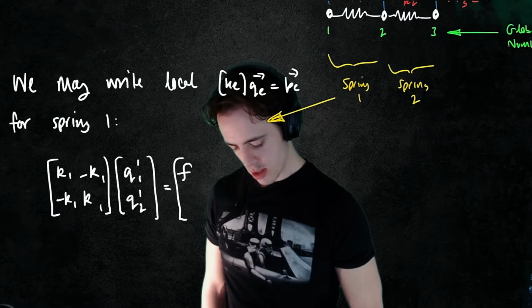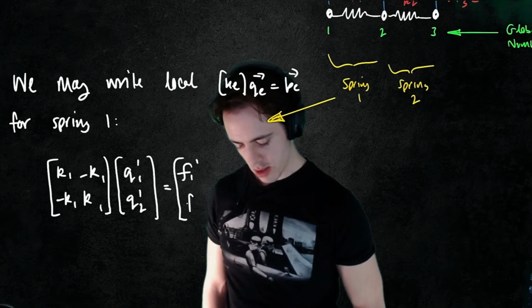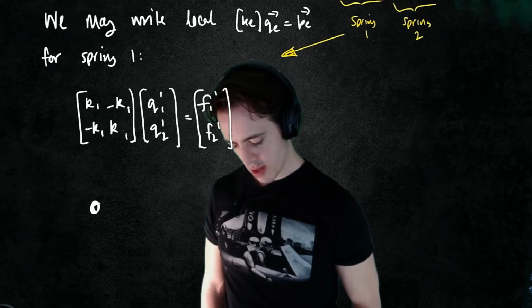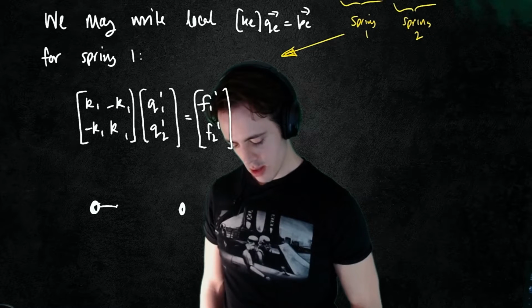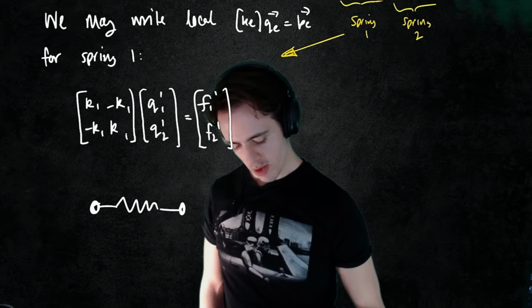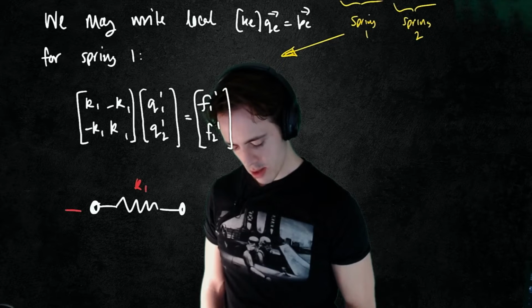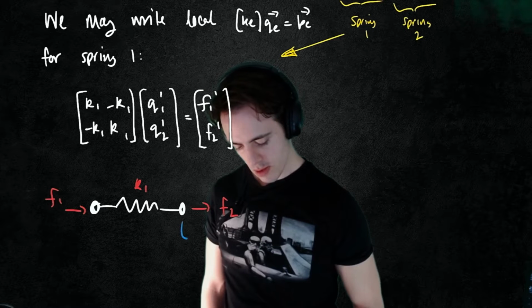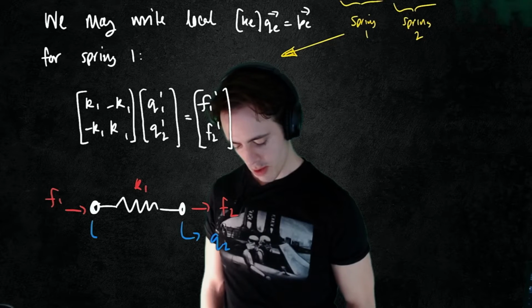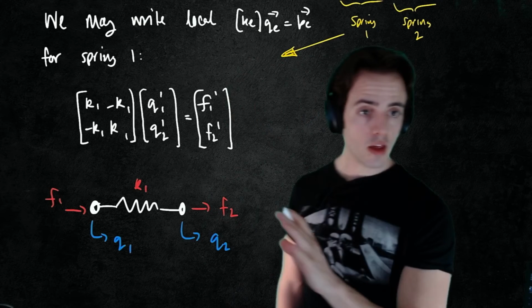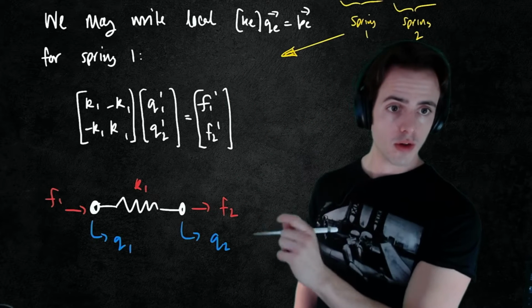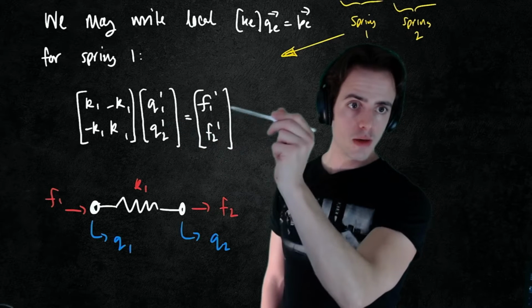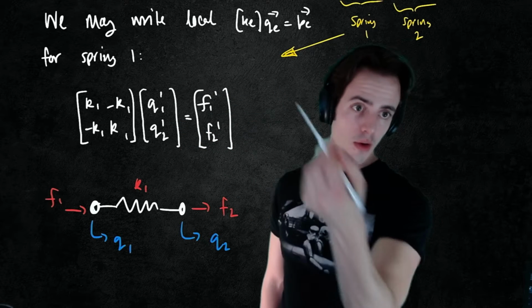And then the forces F1 superscript 1, F2 superscript 1. So if we were to just remember, that's our spring. This is K1, F1, F2, Q2, Q1. These are all local coordinates. What this is saying is the Q1 that belongs to spring 1, the Q2 that belongs to spring 1. F1 belongs to spring 1, F2 belongs to spring 1, and so on.